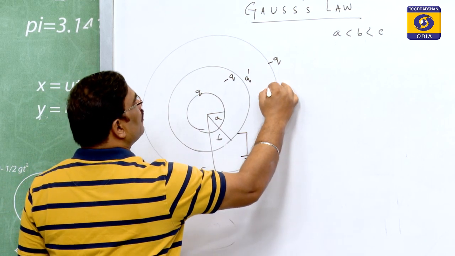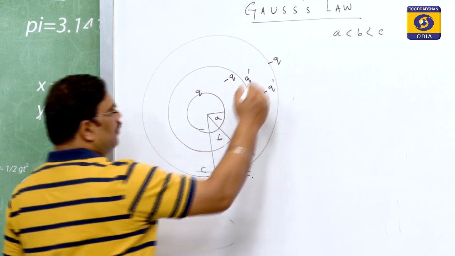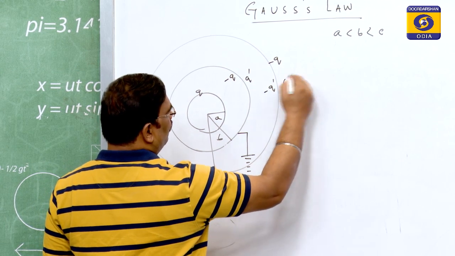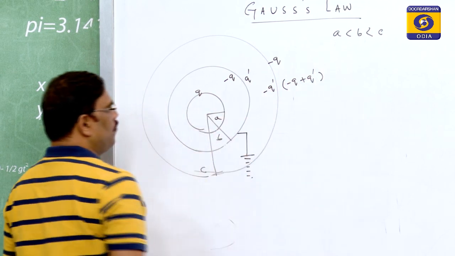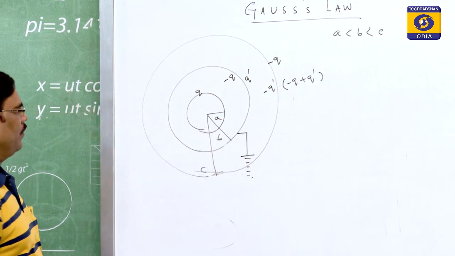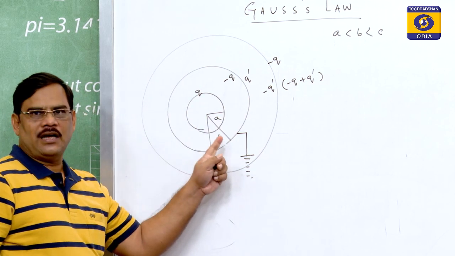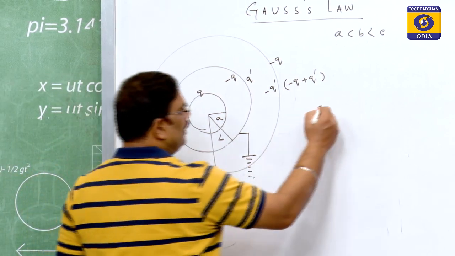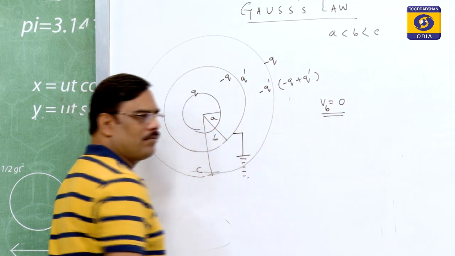So, this will be minus Q, and the outer surface will have a charge of minus Q plus Q dash. Okay. Now, since the sphere of radius B is earthed, its potential is 0. In this case, the potential V is equal to 0.